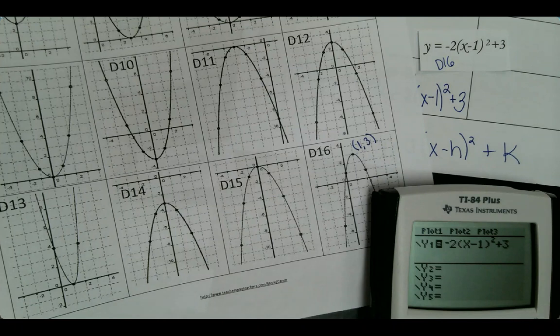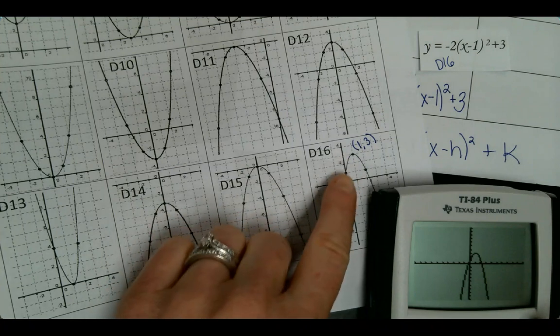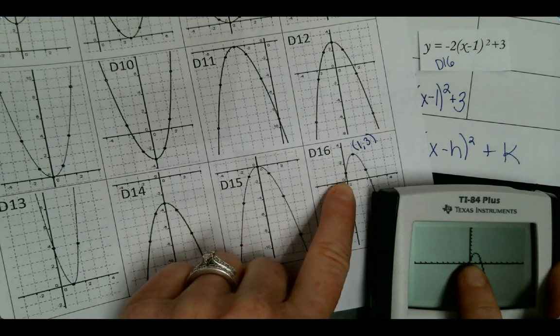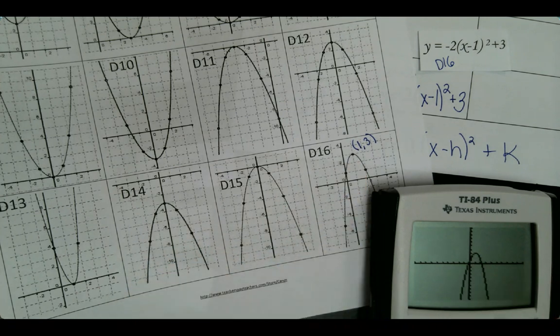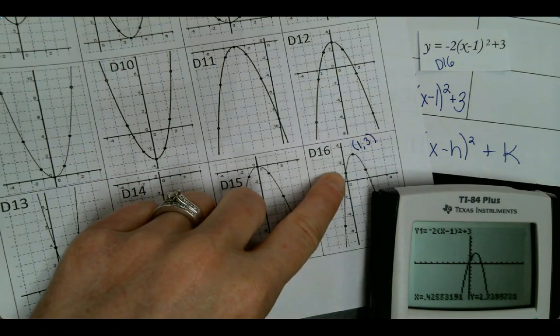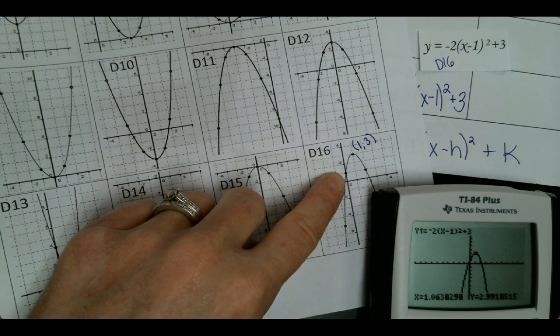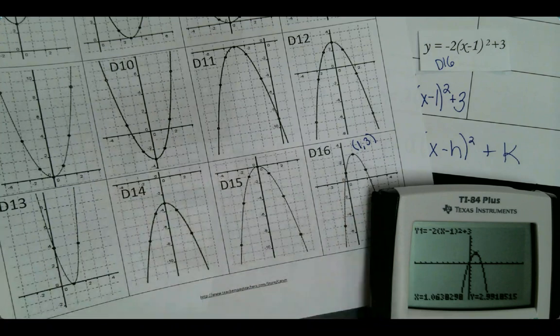Hey, look at how I put it in. We can just look at it together if you haven't typed it in. Make graph. Here's the origin. Here's the vertex. Looks pretty good. You can always hit trace. Its y-intercept is at 1. You go right. There's your point, 1, 3. All right, we're going to continue working on this tomorrow.